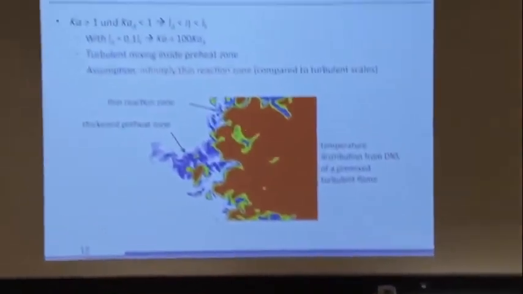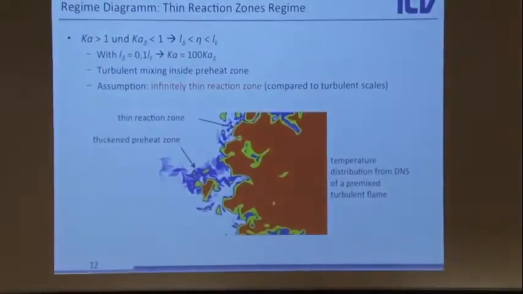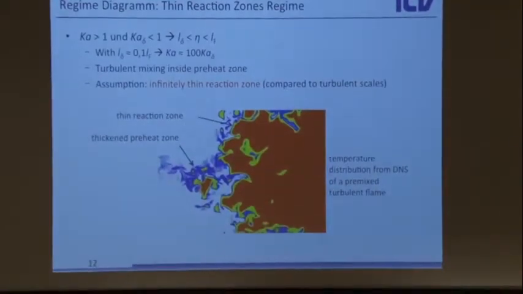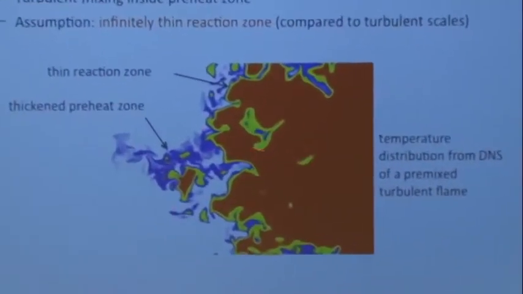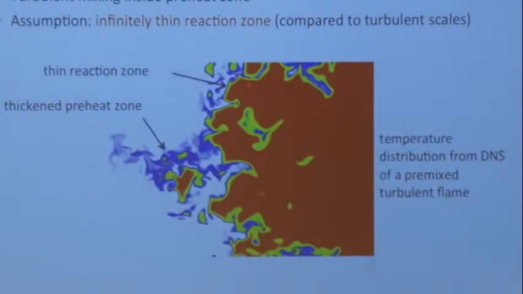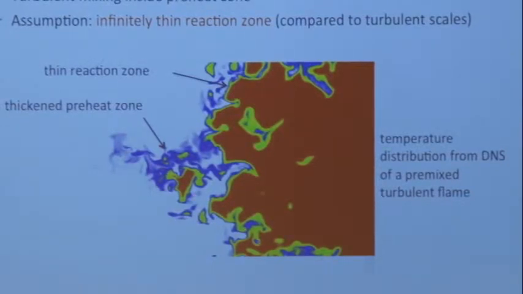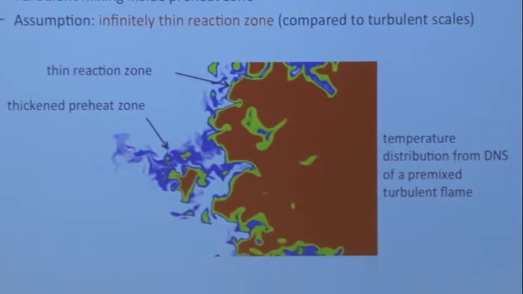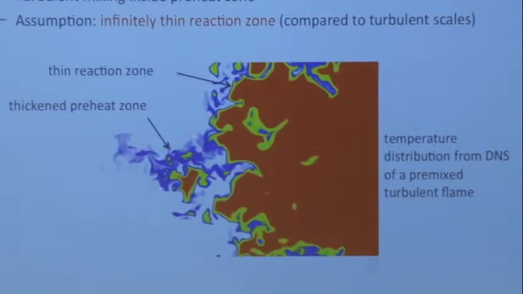Here's an example. This is also from a DNS that we did. So here you have the burnt region, this temperature, let's say, and this is the unburnt region, and then you see that you still get a sharp interface here, okay? But in the preheat region, the preheat region is broadened by the turbulence, and you see, for example, if I look in a slice here, the temperature goes up, goes a little more up, and so on.